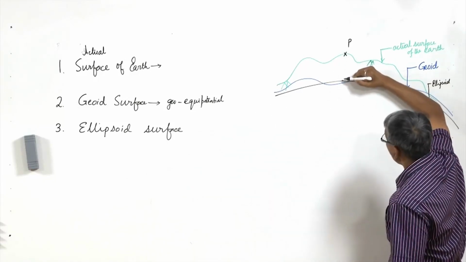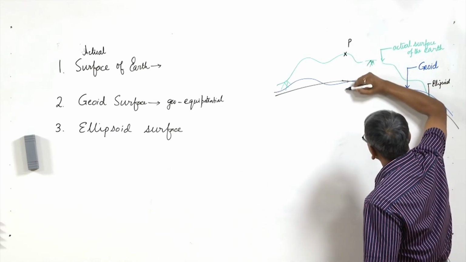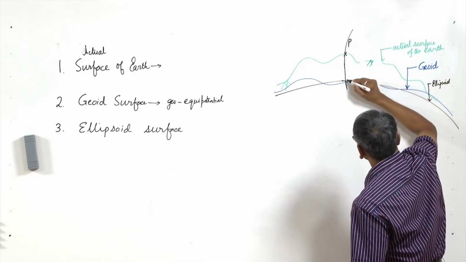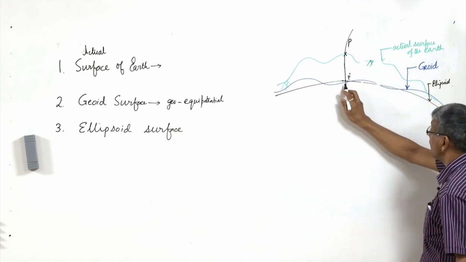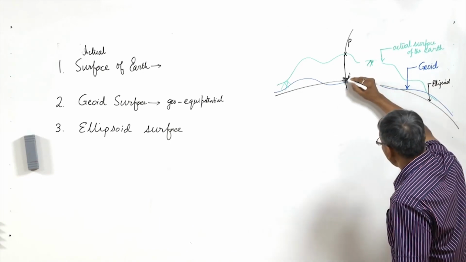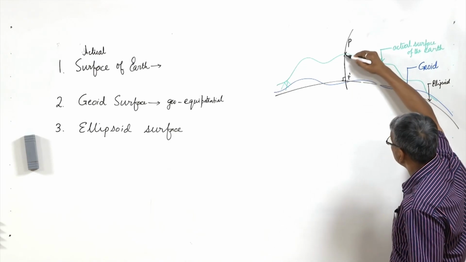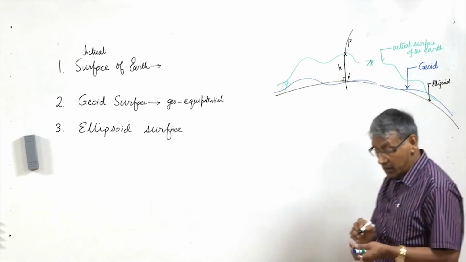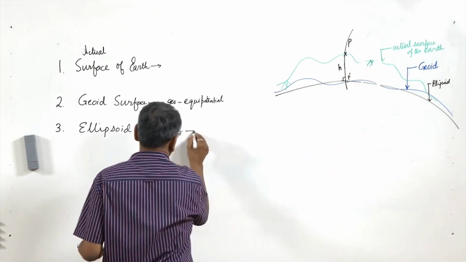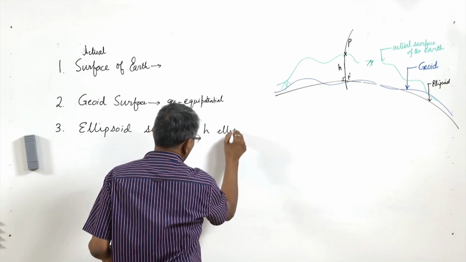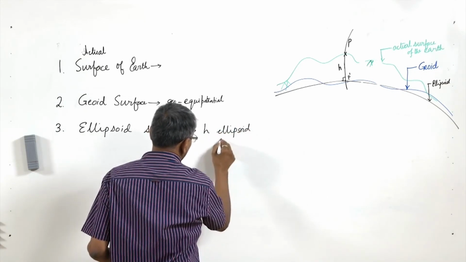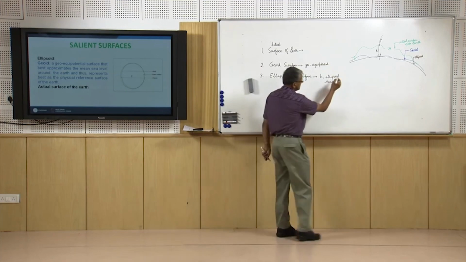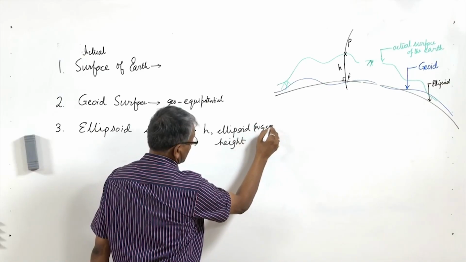So if we draw a normal through the equivalent point of P on the ellipsoid, suppose this is the point, then it will pass through the point P, and from P dash to P, that is our geodetic height h, also called ellipsoidal height, that means height above the ellipsoid, and in case of GPS it is the WGS 84 ellipsoid.